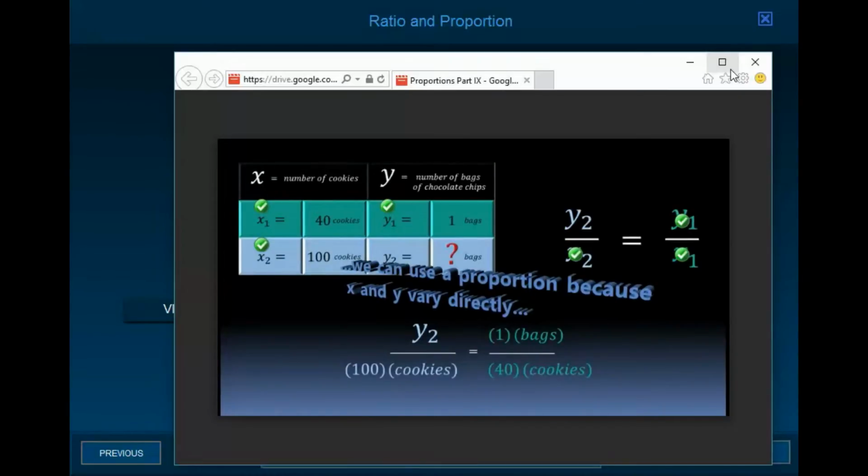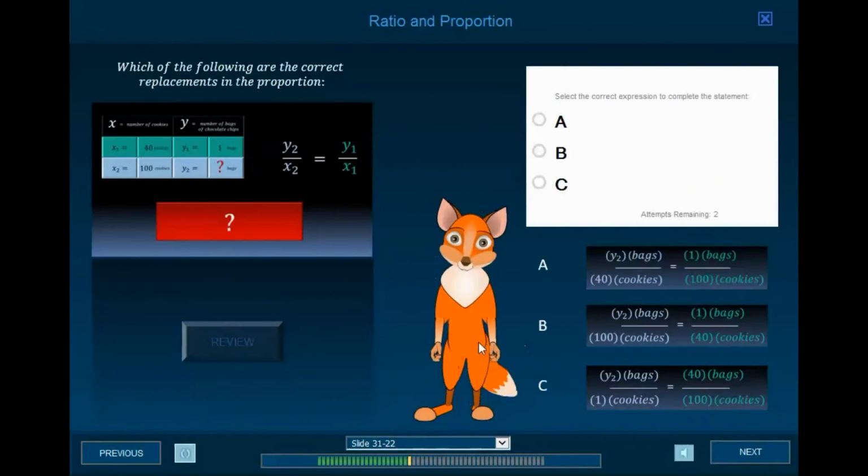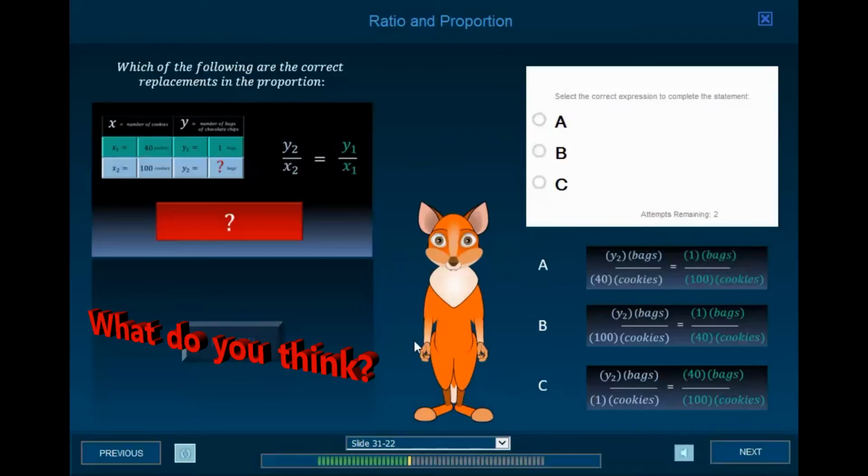And we want to know, at that second point in time when we're making 100 cookies, how many bags of chocolate chips are required to do that. Which of the following are the correct replacements in the proportion?